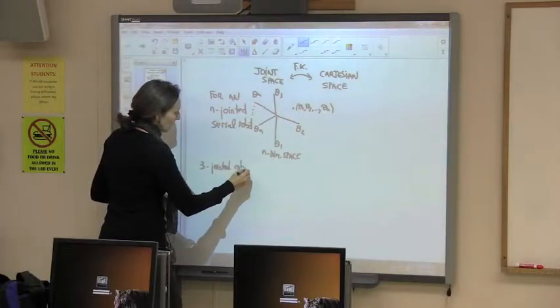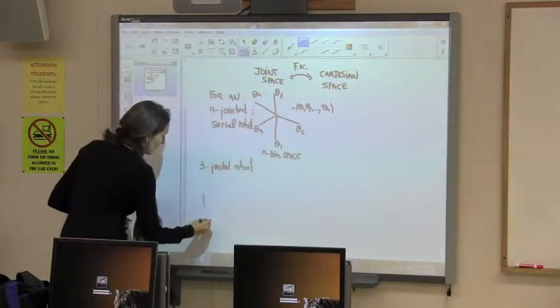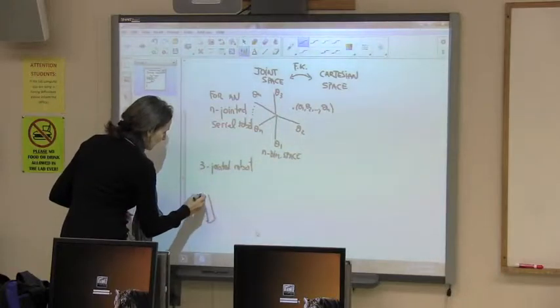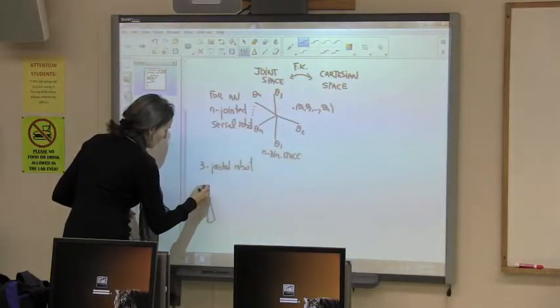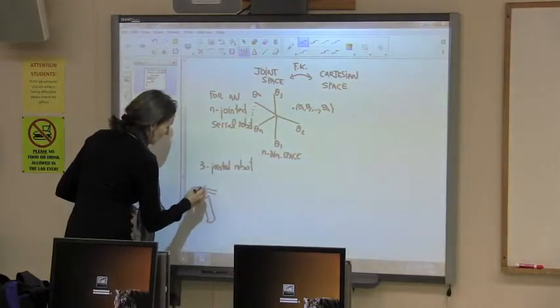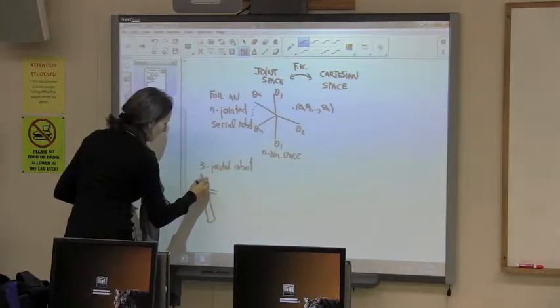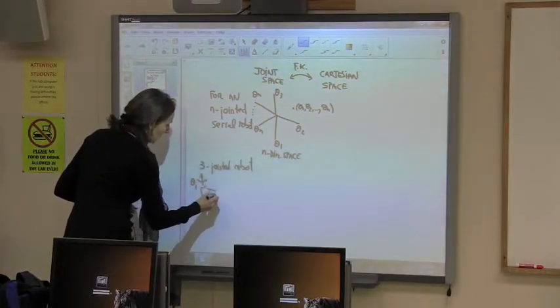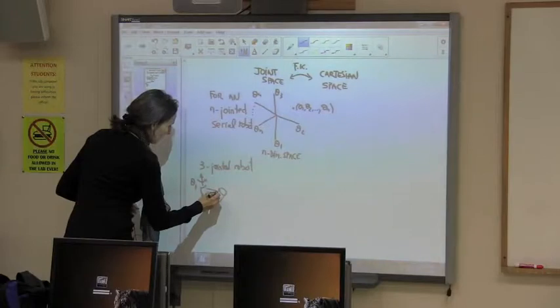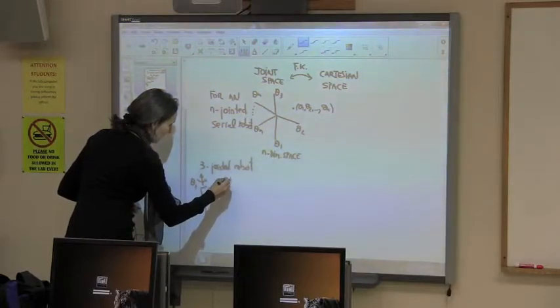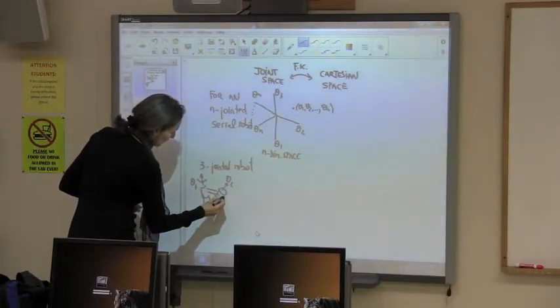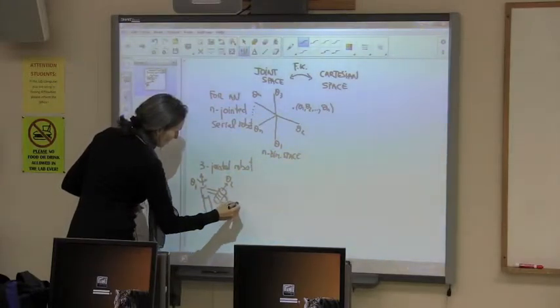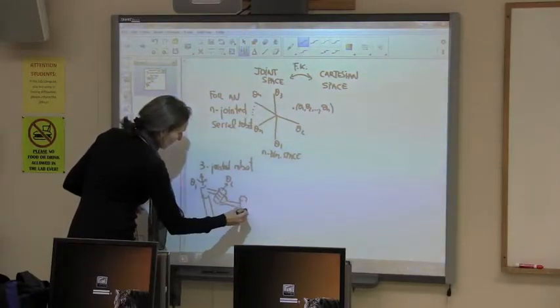And I'm going to even dare to do some drawing. This is our first joint, so we rotate this one theta 1. And here we have theta 2. And here we have theta 3.